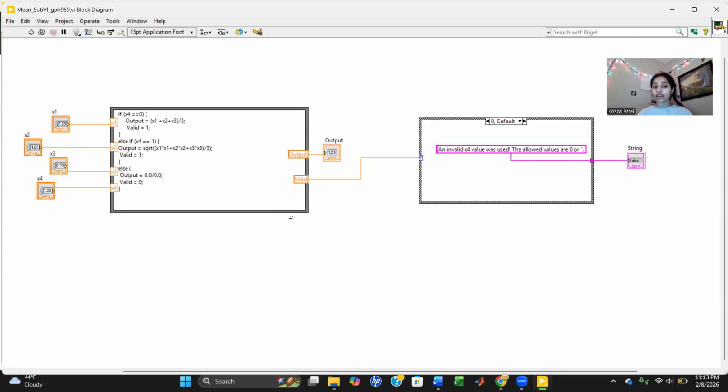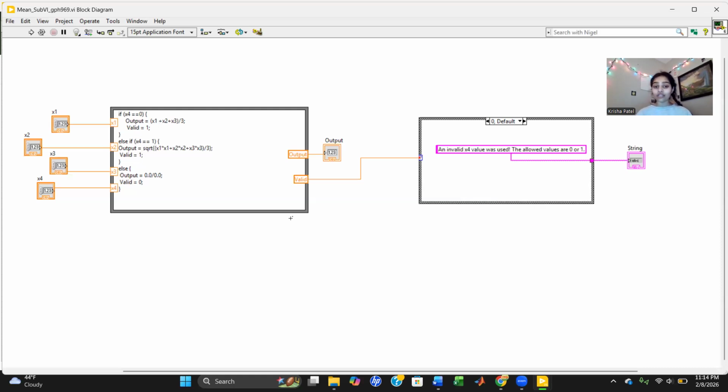If X4 is 1, it calculates the RMS value, and it also gives a value of 1 to valid. If it is any other number, the output is 0 divided by 0, which reads as NaN in LabVIEW, and our valid number is now 0.